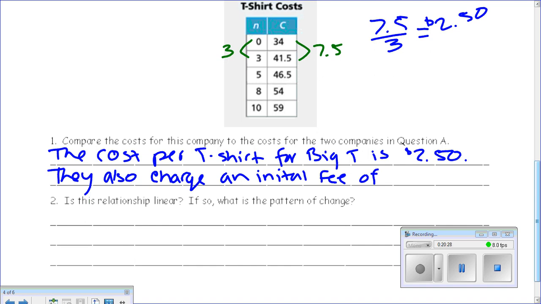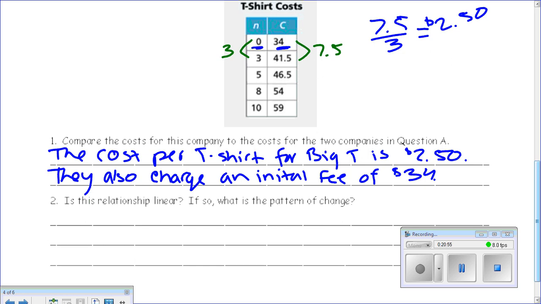That's right off the bat before they sell any shirts. Yes, Zane. We look at where their 0 shirts are and how much do they charge at 0 shirts, Zane? Yes, exactly. So they charge an initial fee of 34. So that's the same thing as our other two equations. We could determine how much per t-shirt and if they had an initial fee. That's how they're similar to one another.